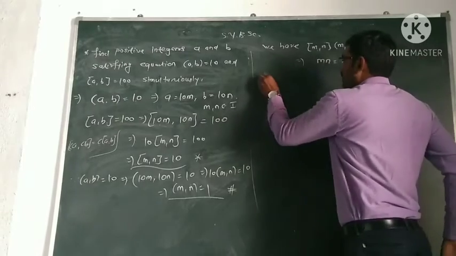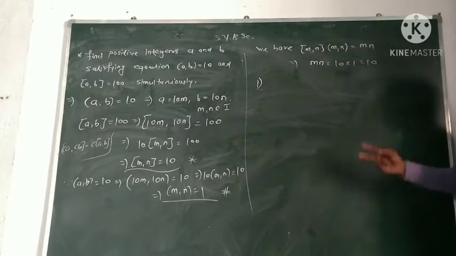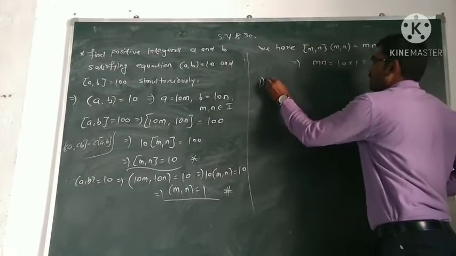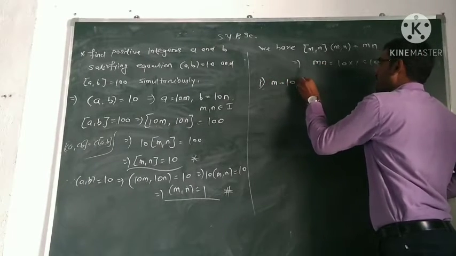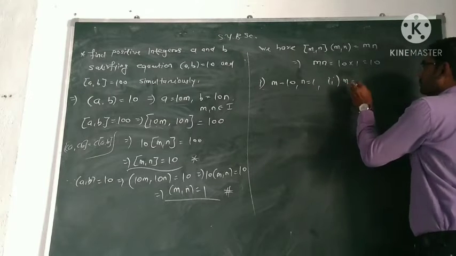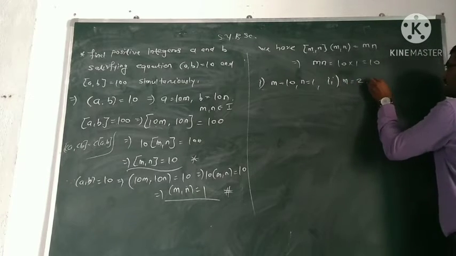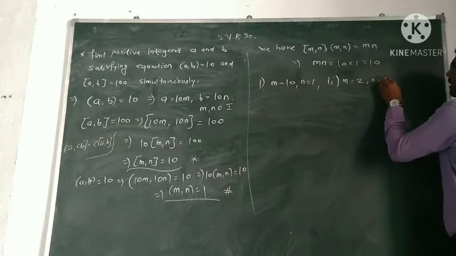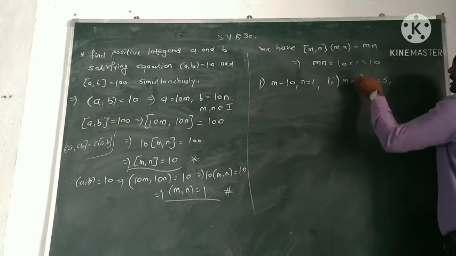So we have to find all such pairs M and N, integers, whose product is 10. How many possibilities are there? First possibility is M is 10 and N is 1. Second possibility is M is equal to 2 and N is equal to 5, or M is equal to 5 and N is equal to 2.